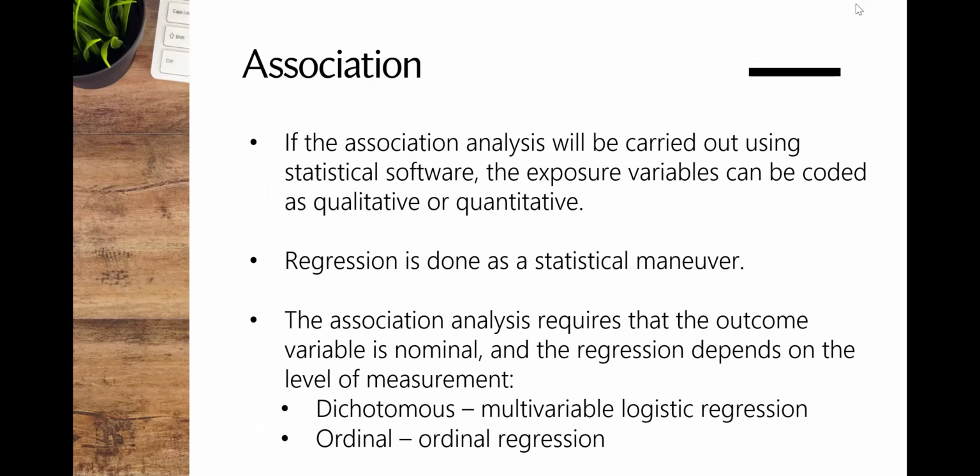So for example, if it's nominal dichotomous, meaning with fatigue, without fatigue, then what you do is multivariable logistic regression. But if the outcome is in order, for example, ordinal, like with slight fatigue, with average fatigue, with severe fatigue, then you do ordinal regression.